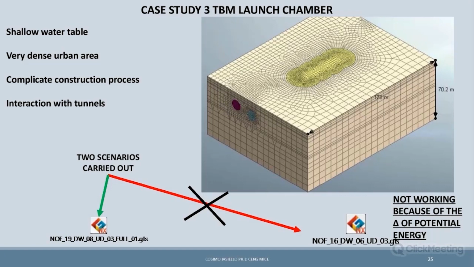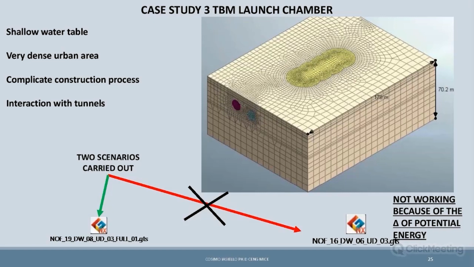And then we have case 3. This is a TBM launch chamber. It's another project we are involved in London. Here we have a shallow water table. In London we have the water table of the Thames, a very dense urban area, then a complicated construction process, and then the interaction between these two partners.